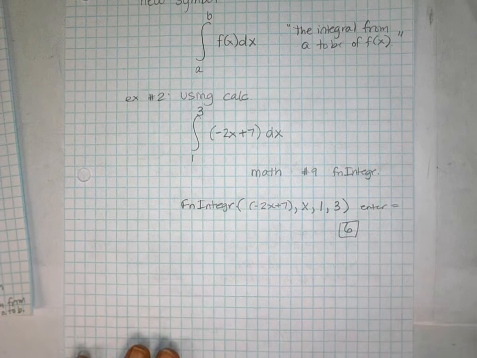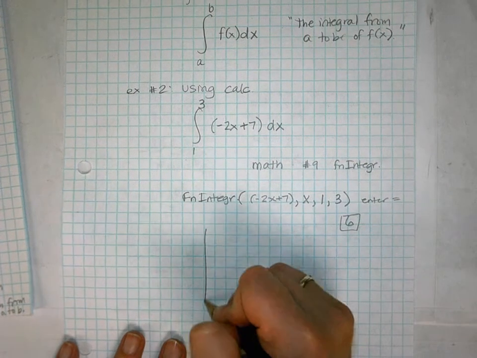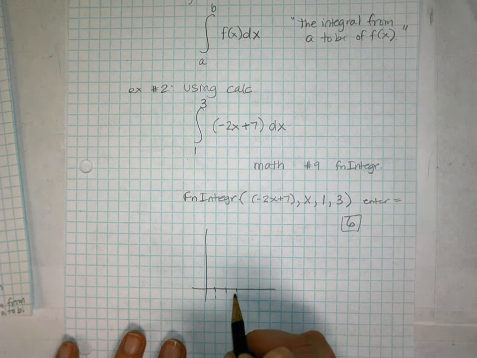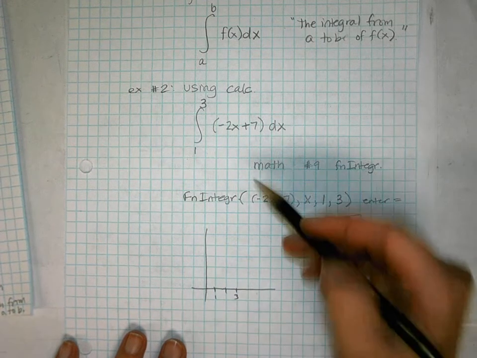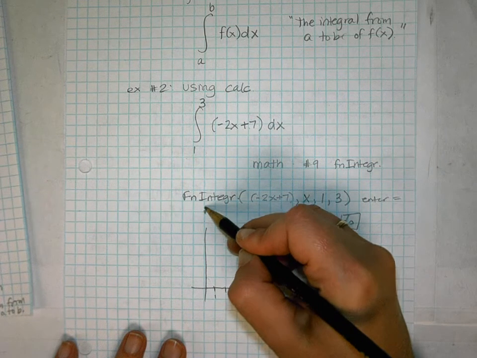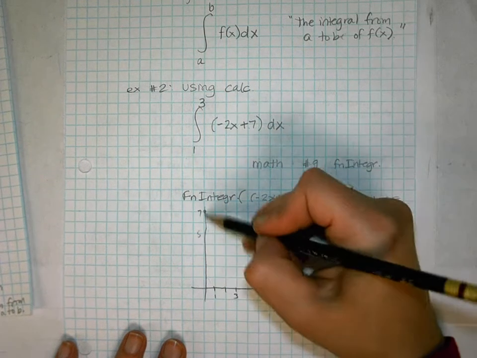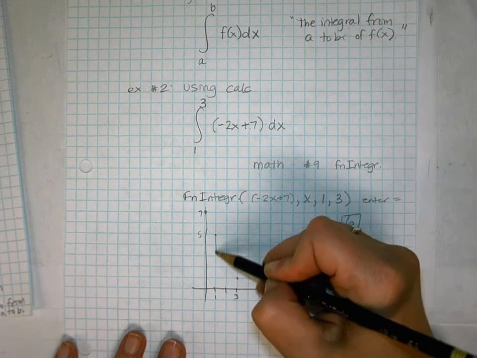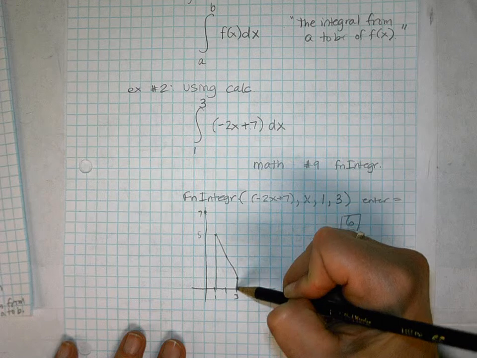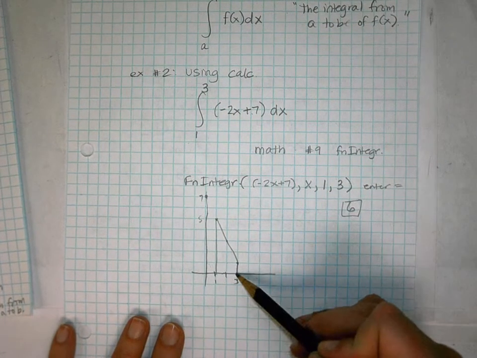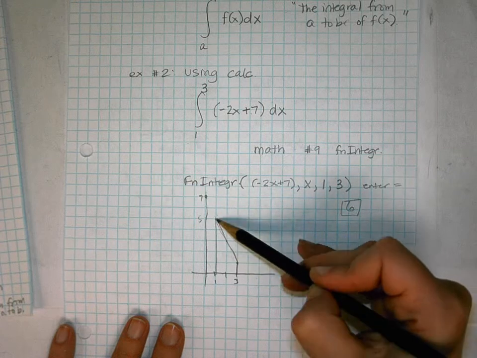And what's pretty cool is that if you were to graph this, here's 1, 2, 3, I'm looking from 1 to 3, and I've got the graph, a y-intercept of 7, and a downslope of 2 over 1. They're asking me what is the area of this region from 1 to 3 under my function, negative 2x plus 7.